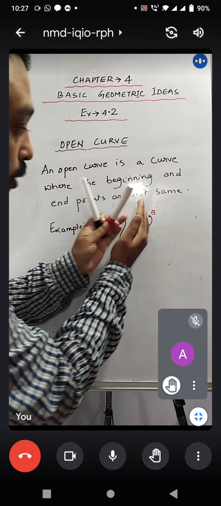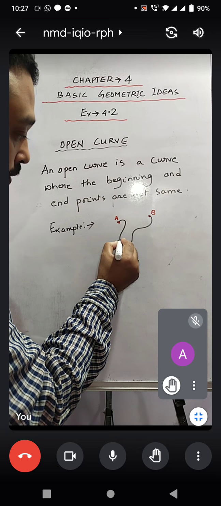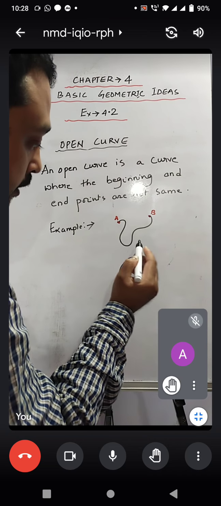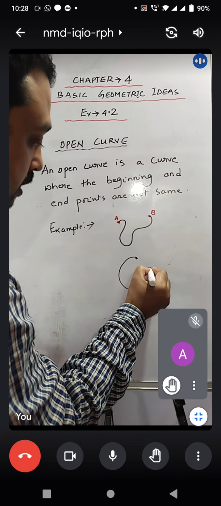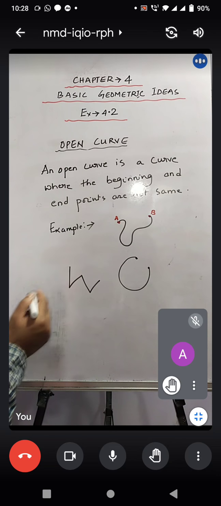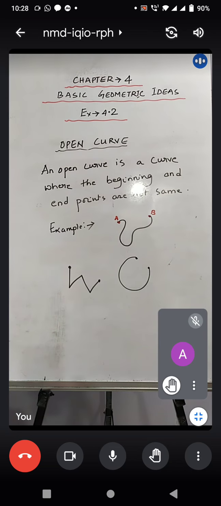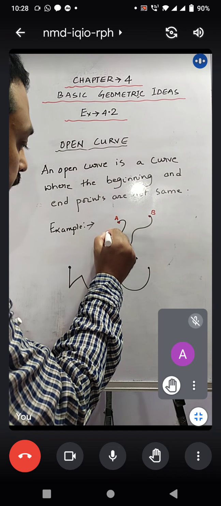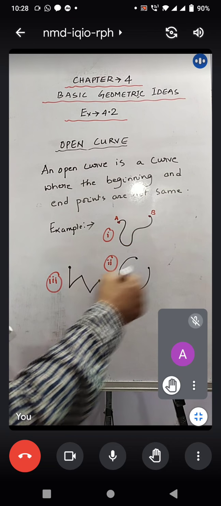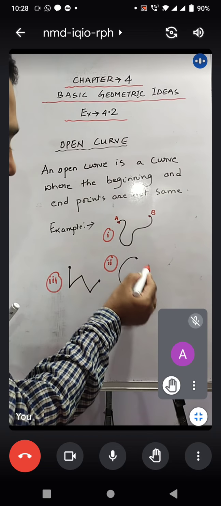Since they are open, that is the reason they are called open curves. You can draw this also. This is also an open curve because the starting point and ending point are not the same. This is also an open curve because the starting point and ending point are not the same. So these are all the examples, students, of open curves where the starting point and the ending point are different.